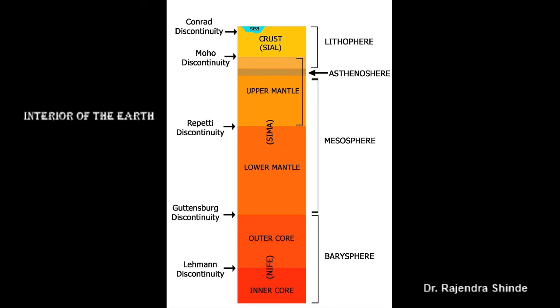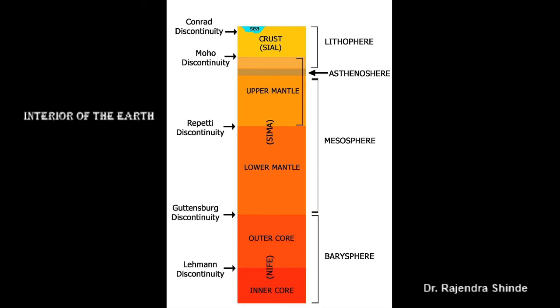The core constitutes nearly 15% of Earth's volume and 32.5% of Earth's mass. The core is the densest layer of the Earth and its density ranges between 9.5 to 14.5 grams per centimeter cube.